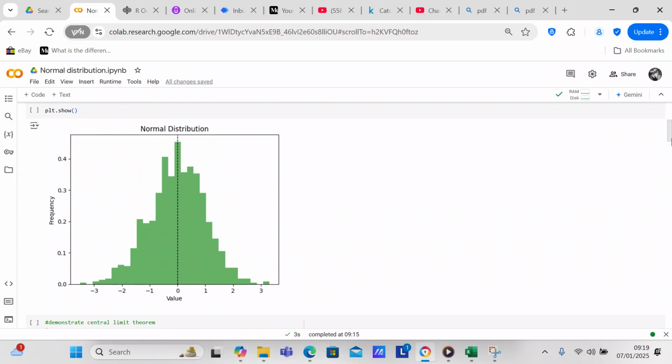And then calculate the value when you know the probability and you have the mean and the standard deviation and you want to calculate a value. Those are all three things that we've covered in this video.